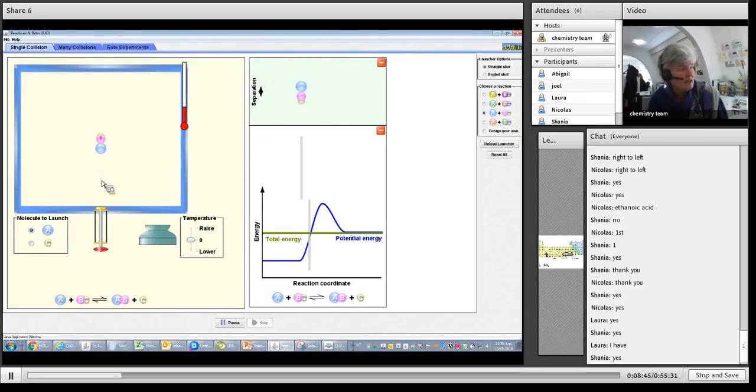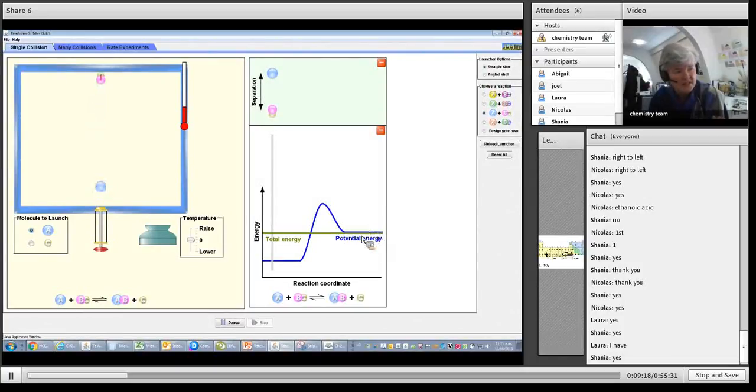I want A to bond with B, and it's hitting B and not C, but there is not enough energy in the reaction. The reason is, if the total energy of A and B is on this line, when they bond, they actually change their angles and all sorts of things, and that all needs energy. So they're going to need extra energy to go to an intermediate, and then they can change to the product.